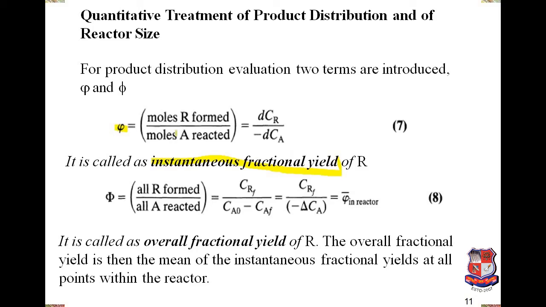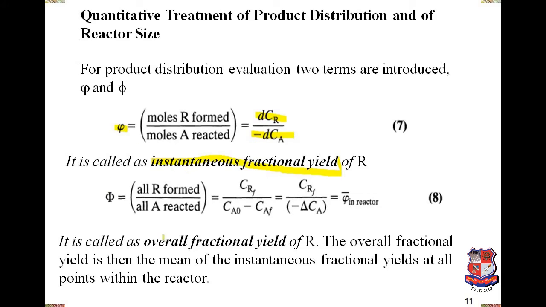It is defined as the moles of R formed divided by moles of A reacted. So at that particular time, what is the formation of R with reference to the moles of A consumed, and that is given by dCr by minus dCA. dCr is the formation, minus dCA is the consumption.